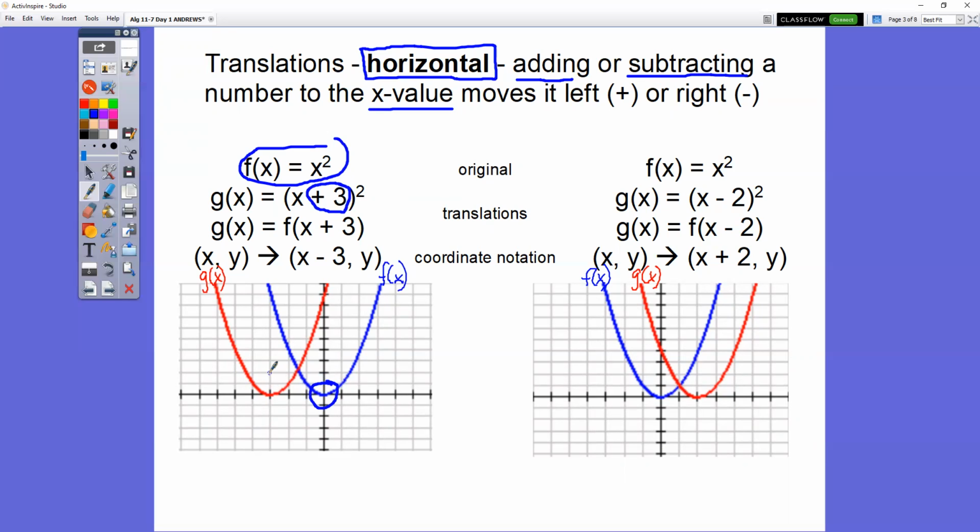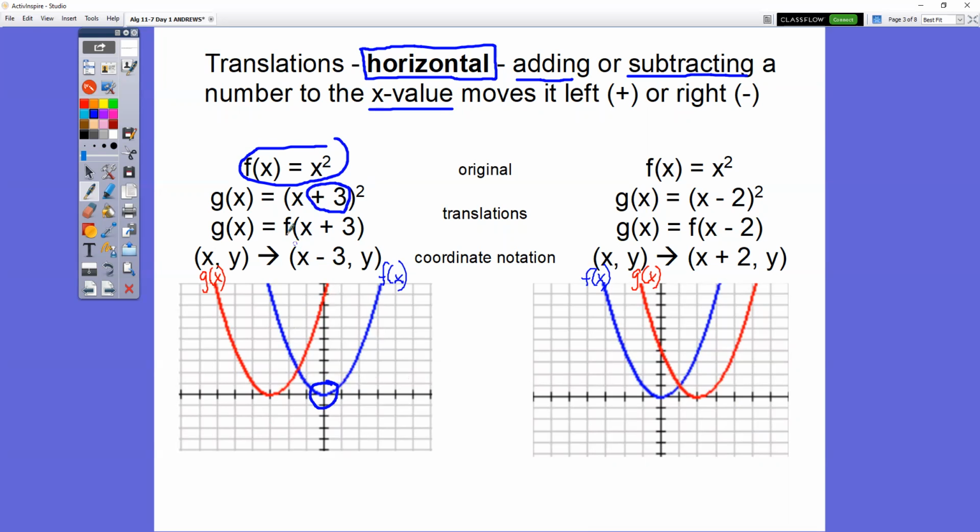Now, be very careful. Where people mess this up every single year is you would think adding 3 to the x would move it to the right, but it doesn't. Adding 3 just to the x moves it to the left. It happens because remember how before we said that it has to equal 0?